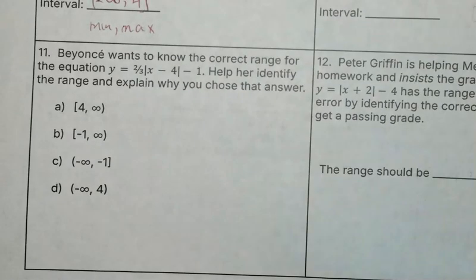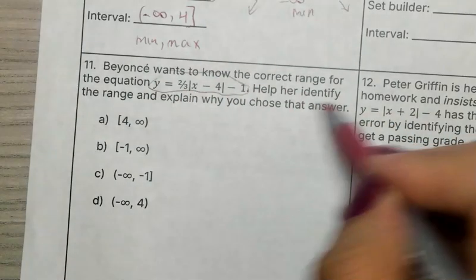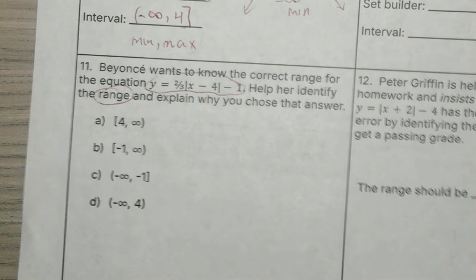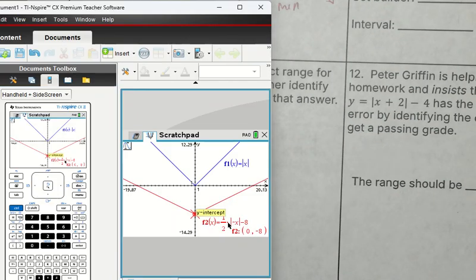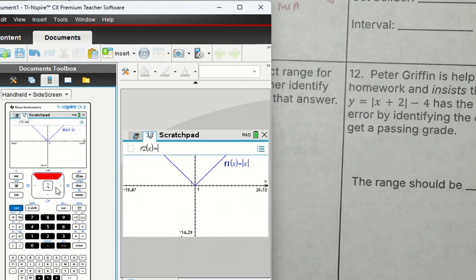The last part is you now reasoning through the situation, that you have an equation given, and it's asking you to identify the range for that. You can graph it in the calculator if you have one available. I'm just gonna delete all that. And I'm gonna type it here.